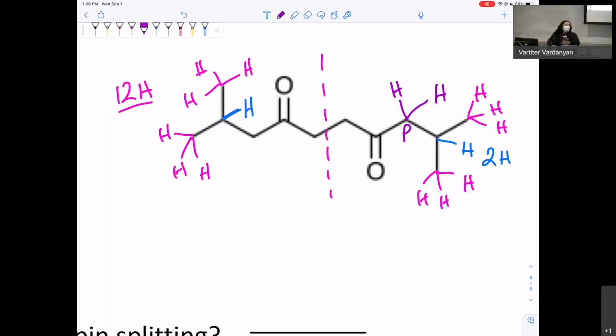Enantiotopic, unless what is present? A real chiral center. Are there any chiral centers present? No. So what's the relationship between these guys? Enantiotopic, and they are both the same signal. So enantiotopic has a fancy name, but it's all just one signal. And we know that that is symmetrical to these guys. So what is the integration? 4.